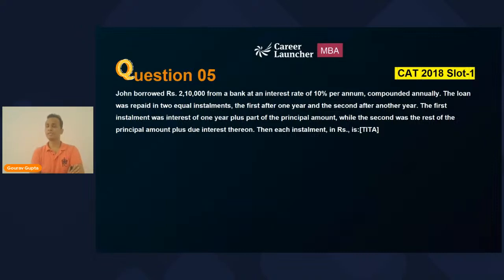Now, if you remember in the last session of simple interest compound interest, we have done a question in which the loan was taken and the person repaid a small amount. So it was not the question of equal installments, but once again, in that case, after 1 year, some part of the loan was repaid, and then the person closed the loan after a total of 3 years.